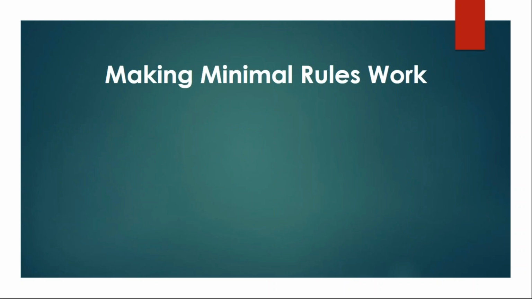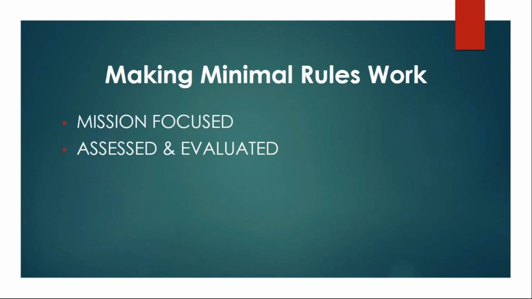So here are some tips for making these minimal rules work. Number one, any rules, any rights and responsibilities, any written residency packets or whatever that you have should reflect the agency's mission, should reflect the agency's core values.